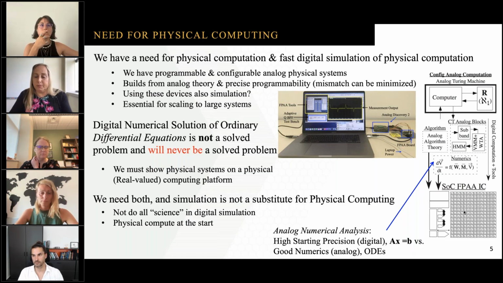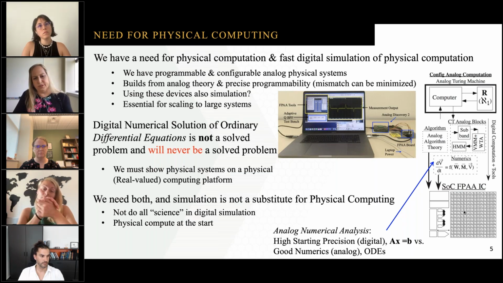So we really need both, but the point is to make a strong case that we cannot get away from the physical computing system. Simulation is not a substitute for physical computing. You cannot afford to do all your science in digital simulation and then just let people build stuff at the end when you've figured it out.